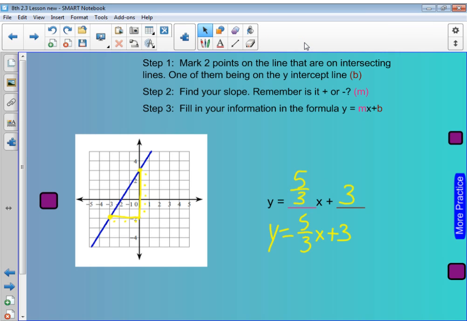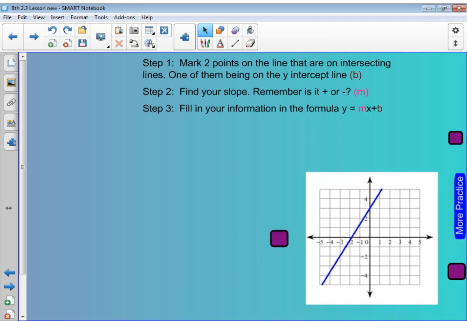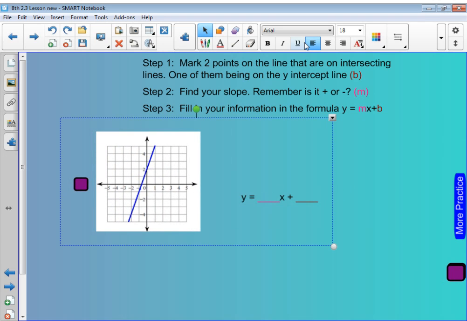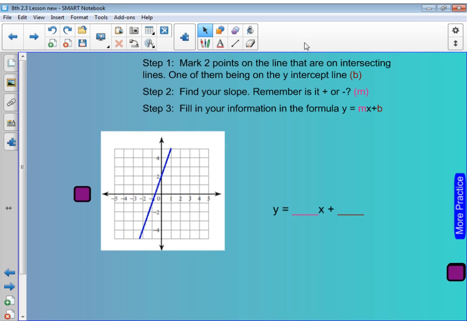And we won't always have a plus on that back end. Sometimes it will be a negative if it happens to cross in the negative part of our y-axis. Okay, so I want you to pause your video and try this one.